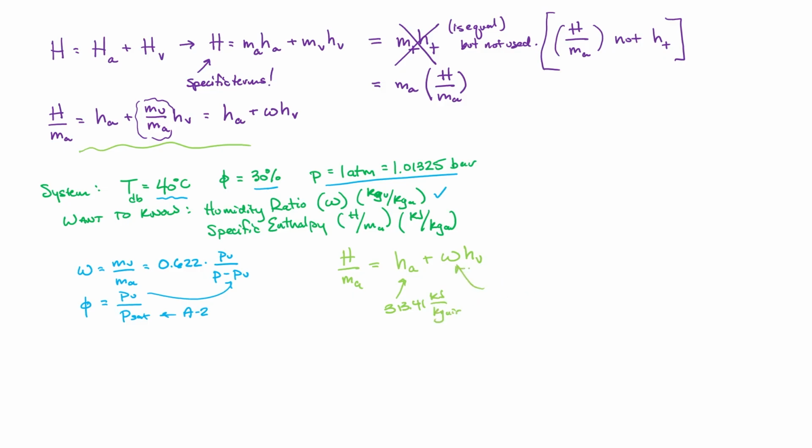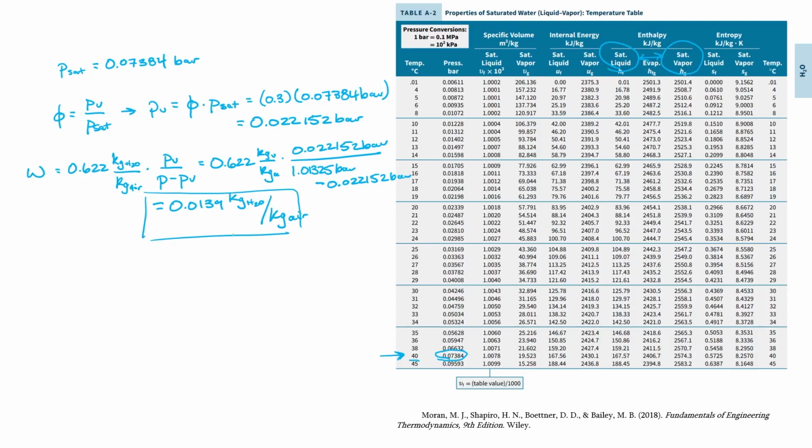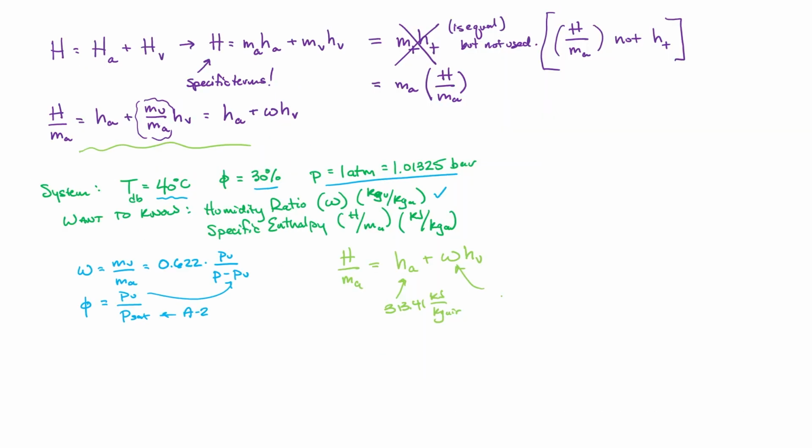My omega I have, that was right down here, 0.0139 kilograms of water per kilograms of air.